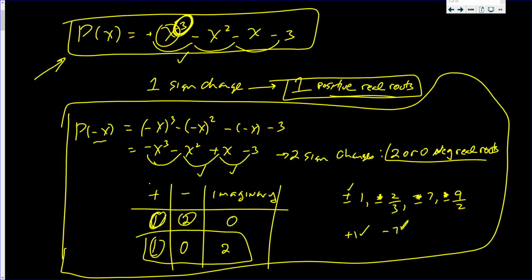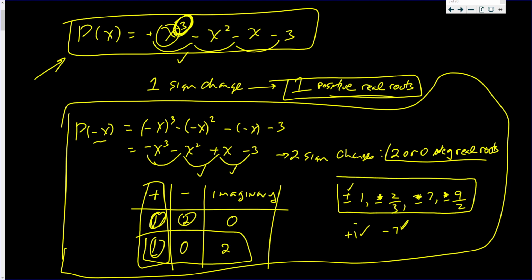If you know that there's exactly 1 positive real root, and you listed the rationals, and one of them worked, maybe 9/2 worked, what that tells us is that +1 won't work, +2 won't work, +7 won't work, because there's only 1 positive real root. And we found it.